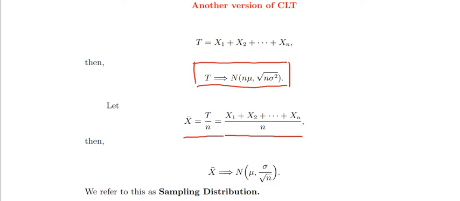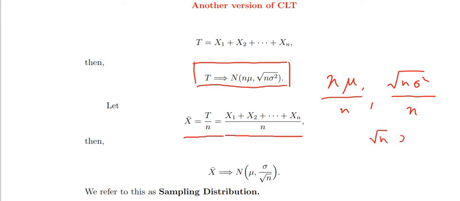So n mu divided by n becomes mu, and the square root of n sigma square divided by n equals sigma over the square root of n.